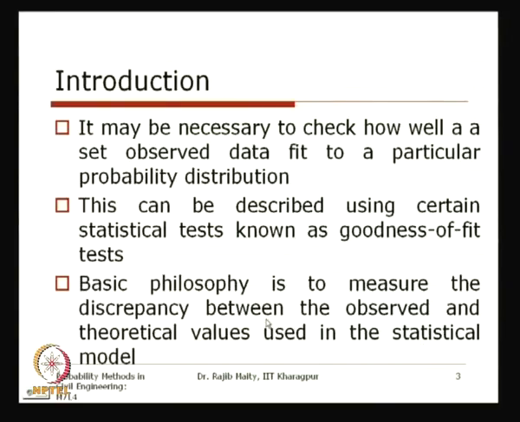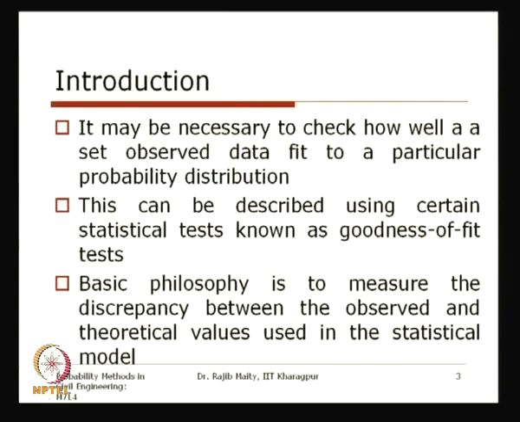What we are describing now is particularly for the one sample test. Suppose I have a data set and it follows a particular distribution. Our interest is whether there is any discrepancy between the observed distribution that we can see from this data and the distribution that we are assuming, whether it is normal or log normal, or even on the discrete side, Poisson or so.